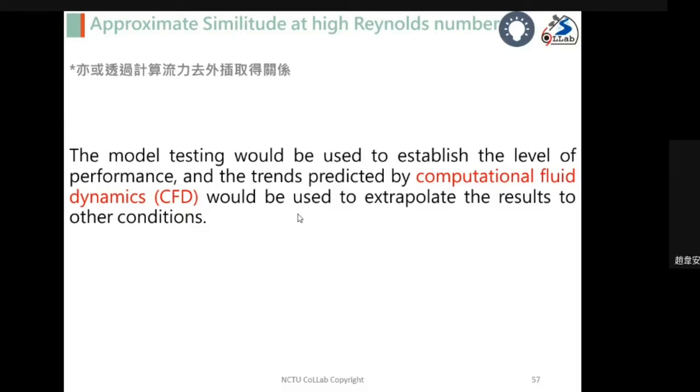But if we cannot satisfy dynamic similitude, a possible solution is to predict the prototype behavior by computational fluid dynamics, which we call CFD. It uses numerical modeling to predict the prototype behavior based on some input models and input parameters.